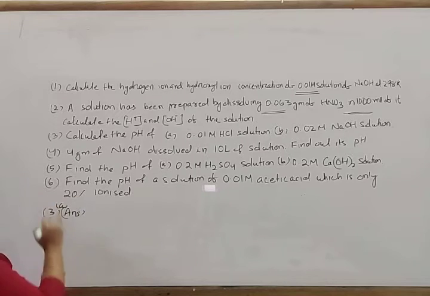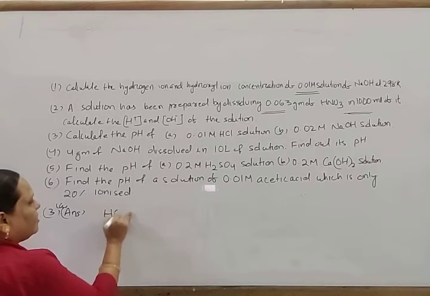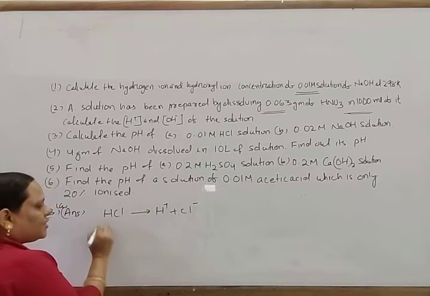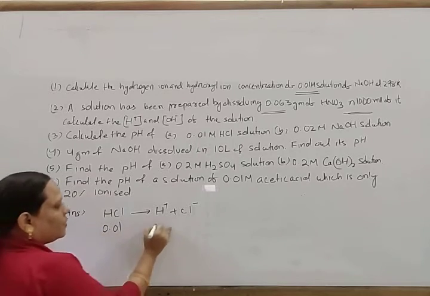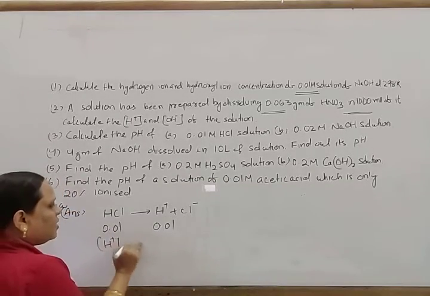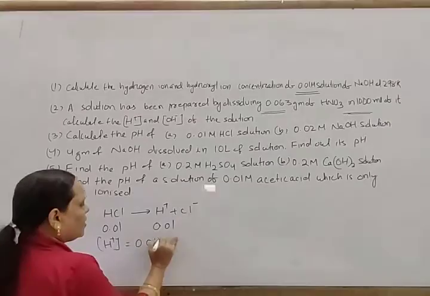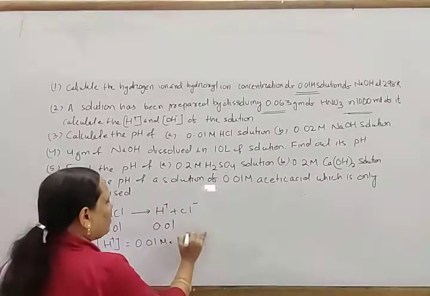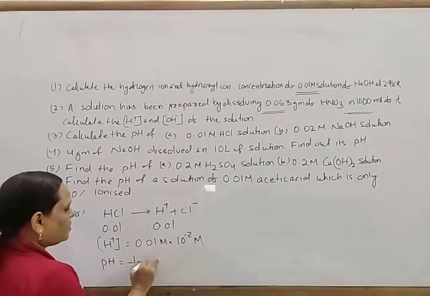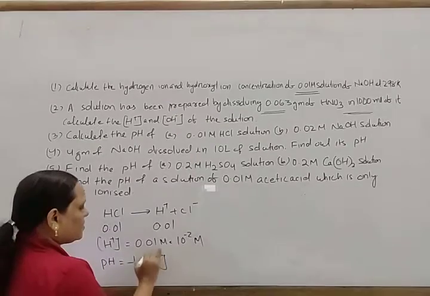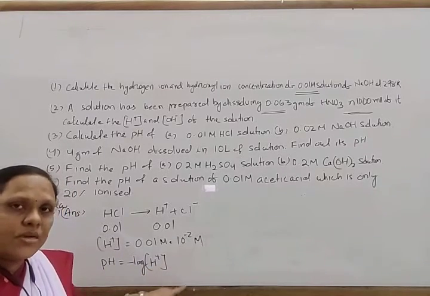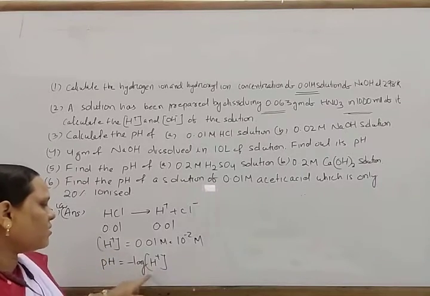Answer 3a. HCl gives rise to H plus and Cl minus, as it is a strong acid. This is 0.01, this is also 0.01. So this H plus concentration is 0.01 M, that is 10 to the power minus 2 M. Now pH is minus log H plus concentration, the hydrogen ion concentration or hydronium ion concentration, but H plus is given, so minus log H plus.